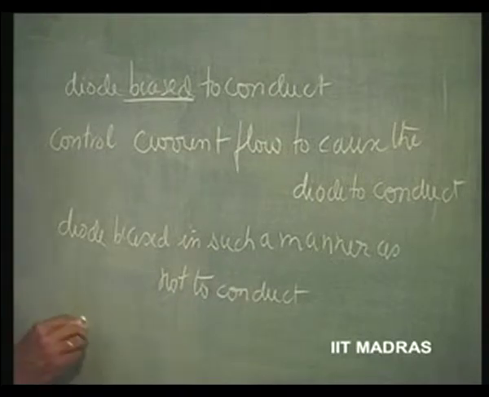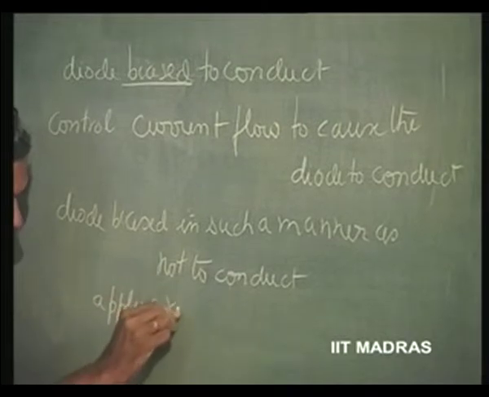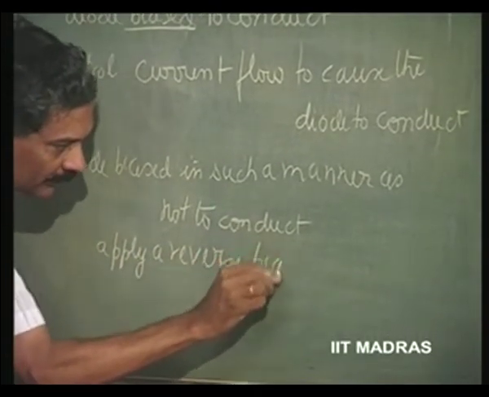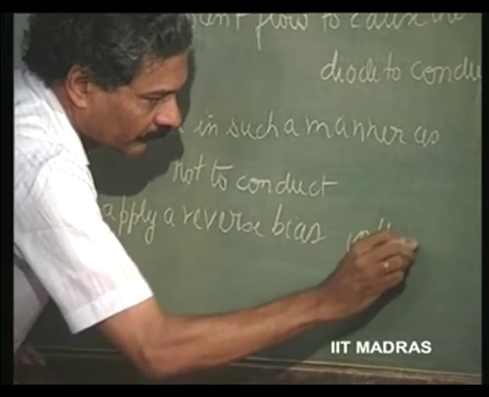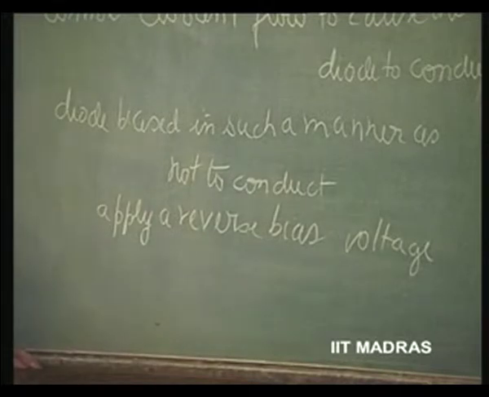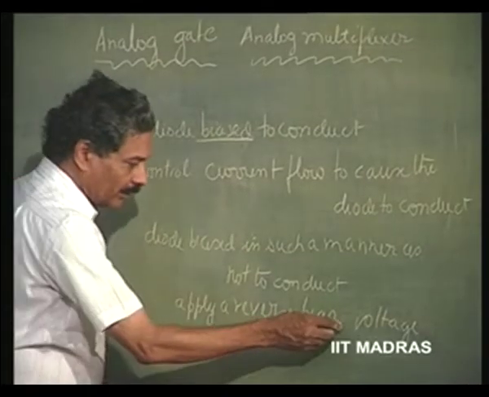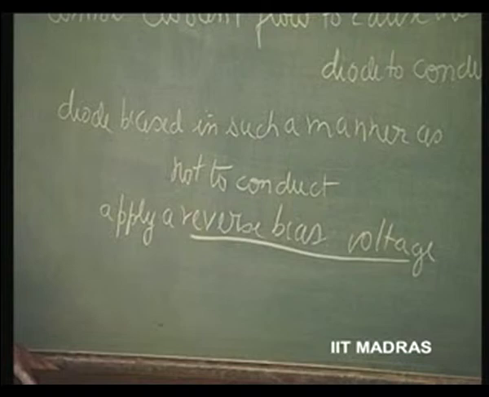I should apply a reverse bias voltage to the diode. This is important to remember. I had emphasized this earlier also. I should apply a reverse bias voltage in order to make the diode not conduct.